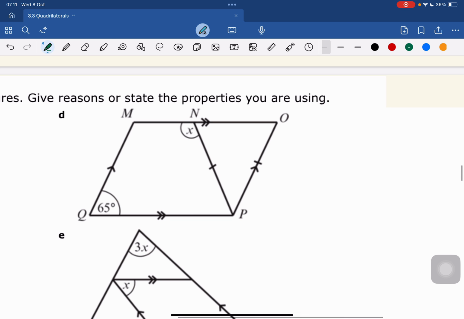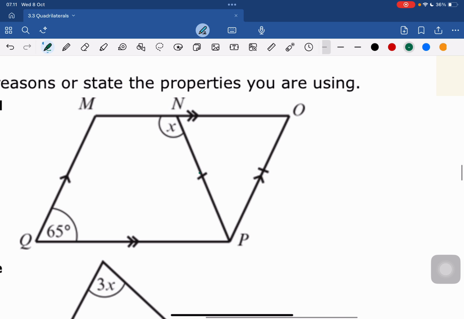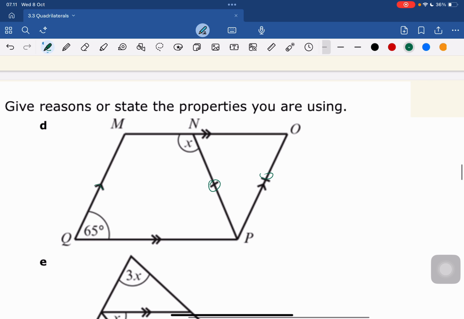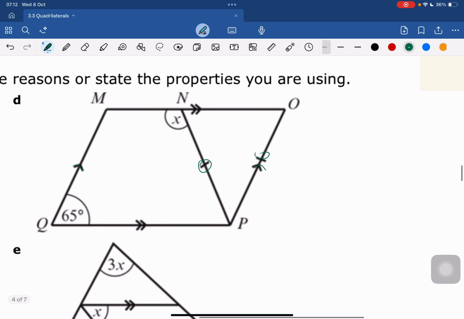Next, D. Okay, these are equal. This is a parallelogram, so let's find it out. What can we see from here? Let's find this angle.